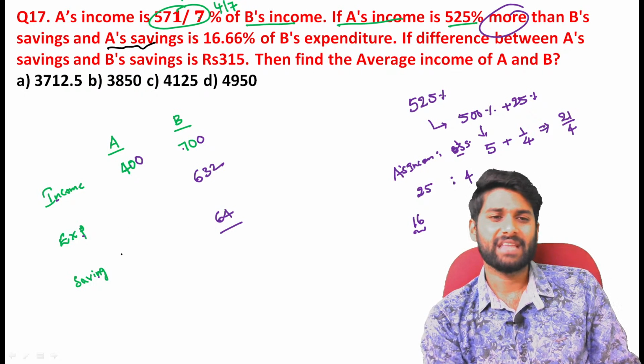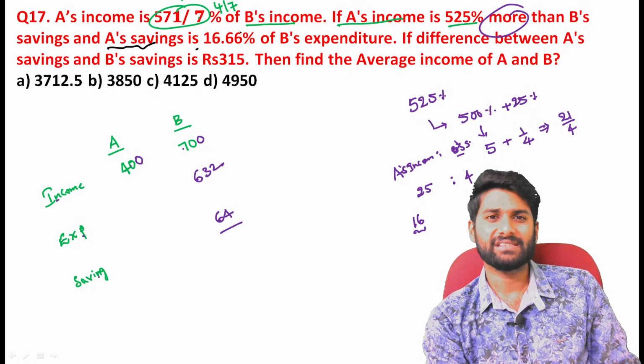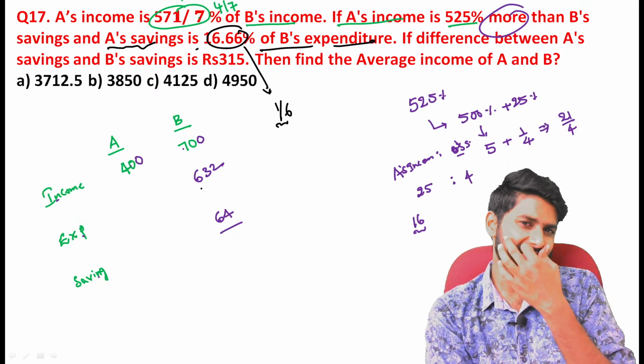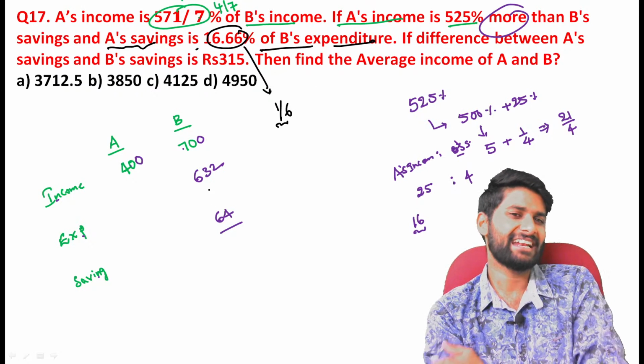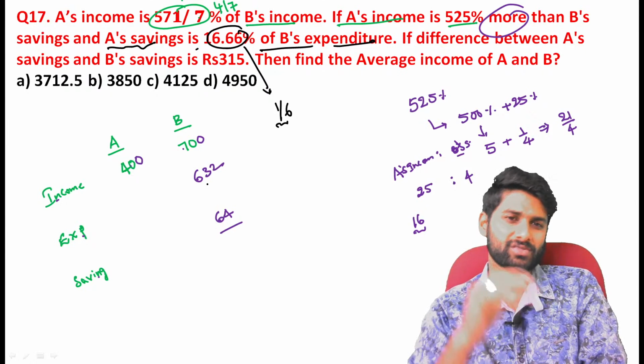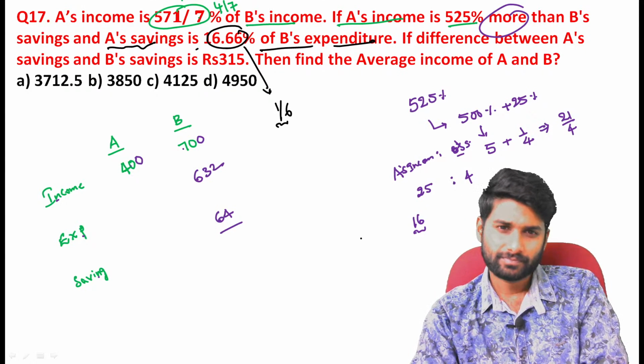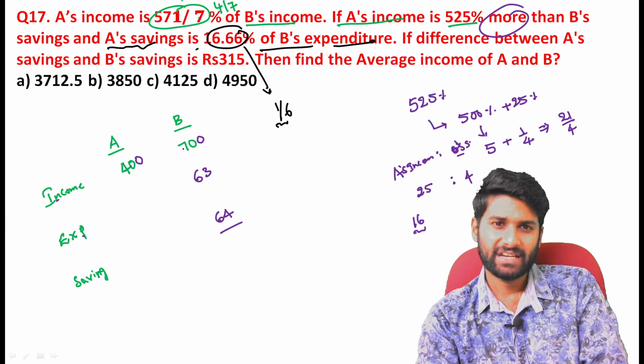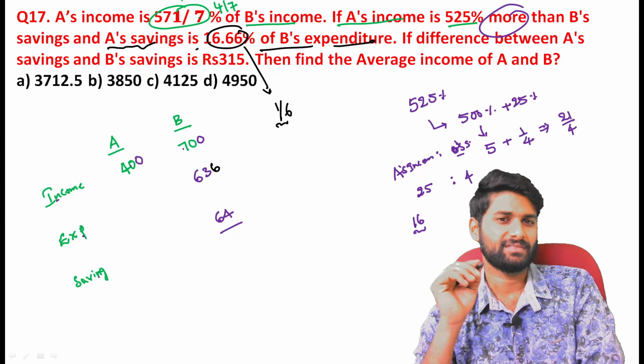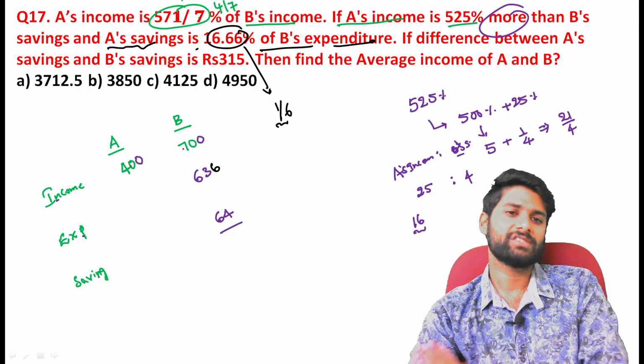Now, A's savings, they are discussing A's savings. A's savings is equal to 16.66%, which means 1 by 6th of B's expenditure. B's expenditure, we already know is 636. It's not 632, it's 636 now. 36 plus 64, no? Now 636.